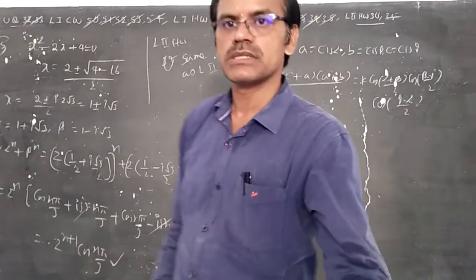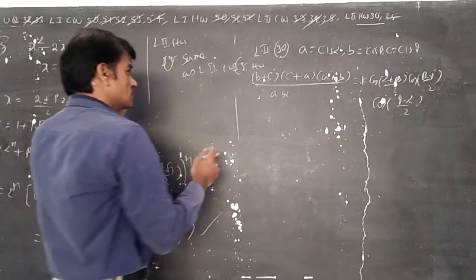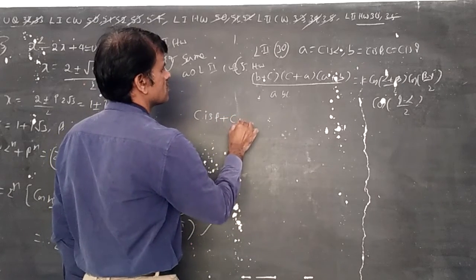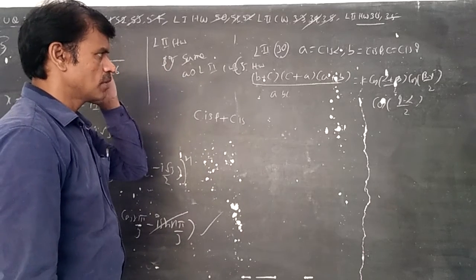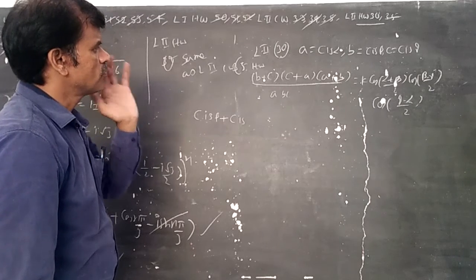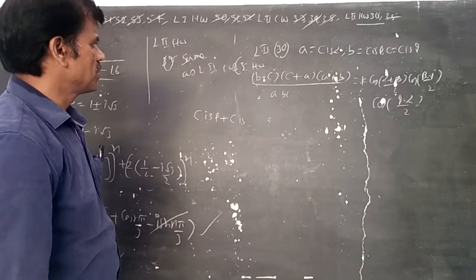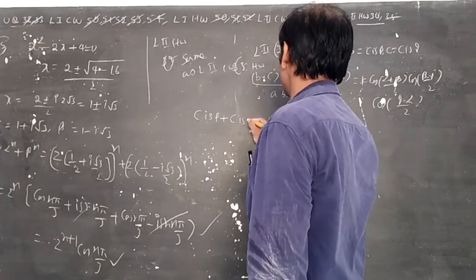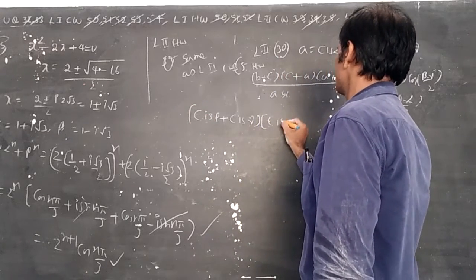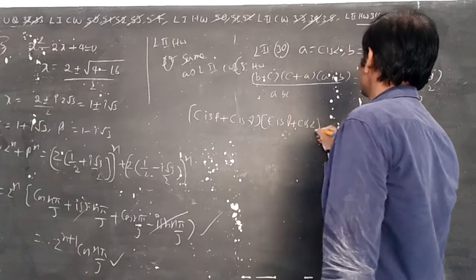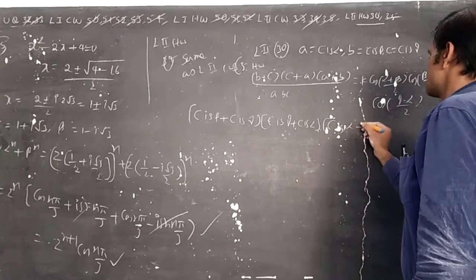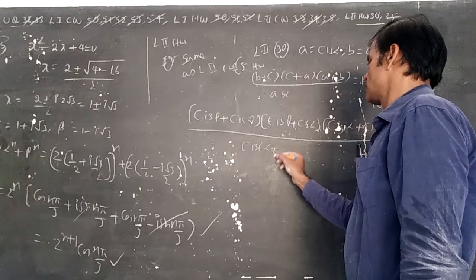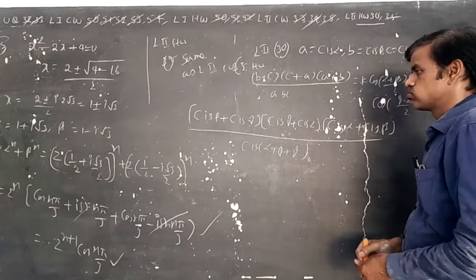So what is (B + C)(C + A)(A + B)? B is cis β, and if you distribute B + C by A, it becomes B/A + C/A. So (cis β + cis γ)(cis γ + cis α)(cis α + cis β) by cis(α + β + γ).